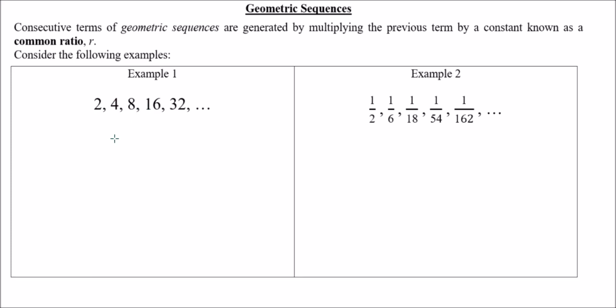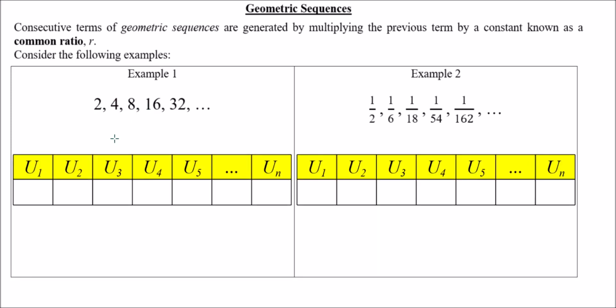So let's just construct a quick table for each of these two sequences, then we can discuss. So U1 means a first term, U2 means a second term, etc, etc, and Un is the nth term. So I'm not so much interested in what the terms are, because we're told what these terms are. I'm thinking here how we go from one term to the next.